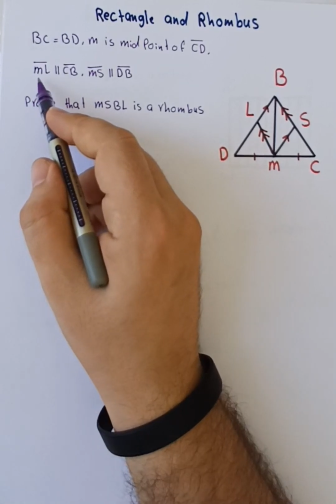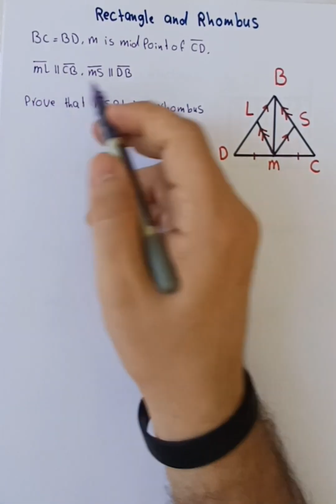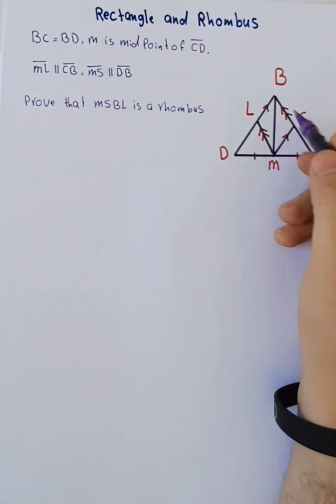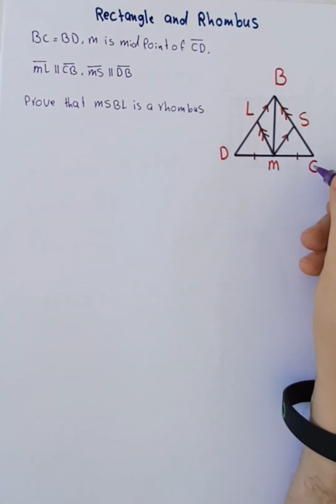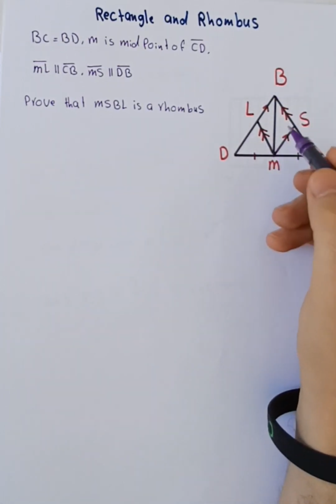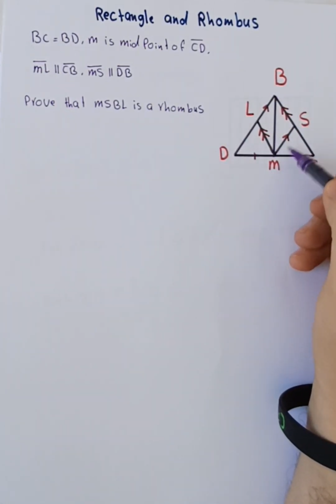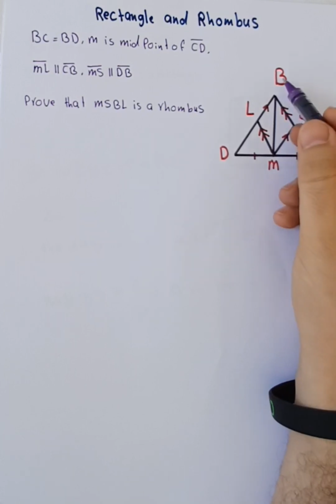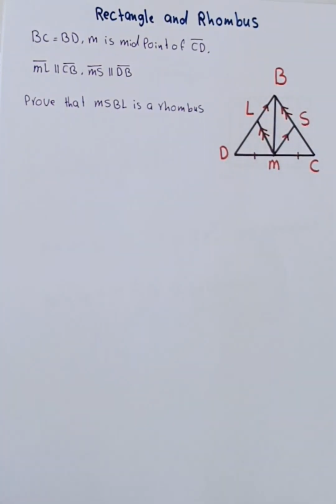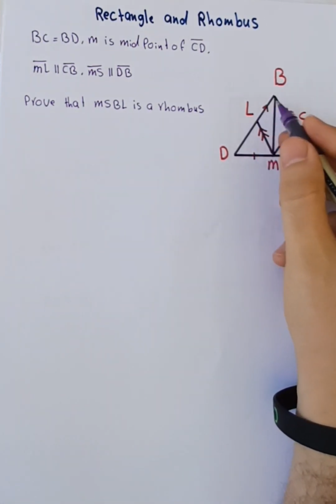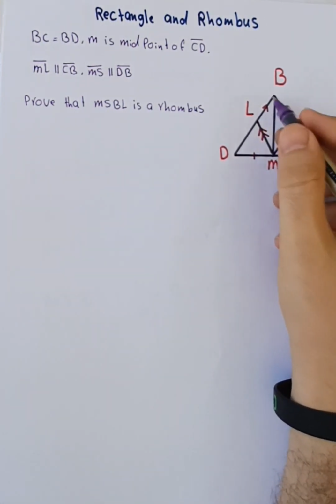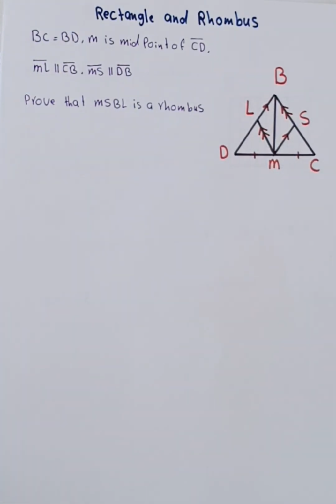And then we have ML parallel to CB, and MS is parallel to MD. We have to prove that MSBL is a rhombus.